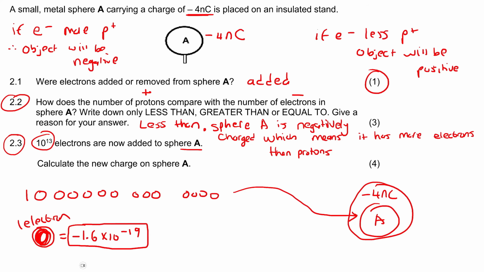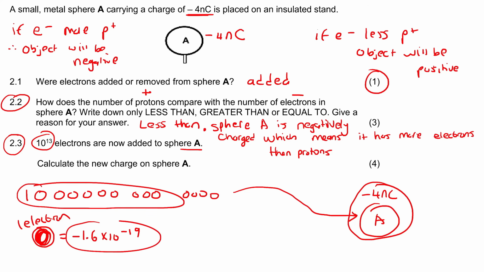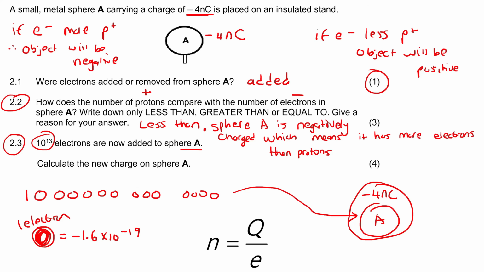What would the overall charge be? Wouldn't you just multiply those two numbers together? We do have a formula for that, where this number is the number of electrons, this is the overall charge, and this is the charge of an electron.